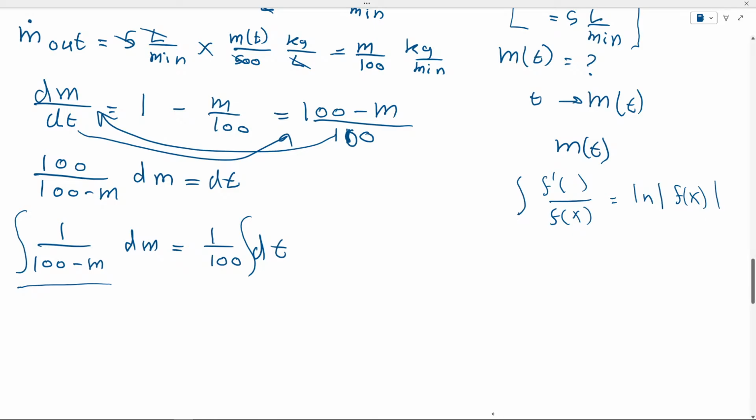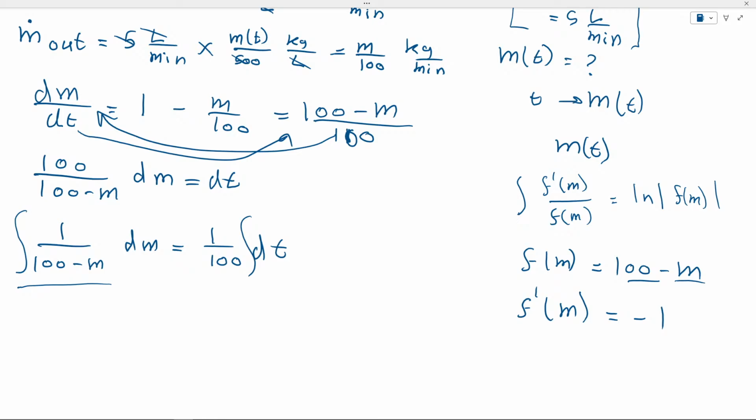So my f of m is equal to 100 minus m. What is the derivative of this function? Now you are experts in this. The constant would be 0, and that would be negative 1.